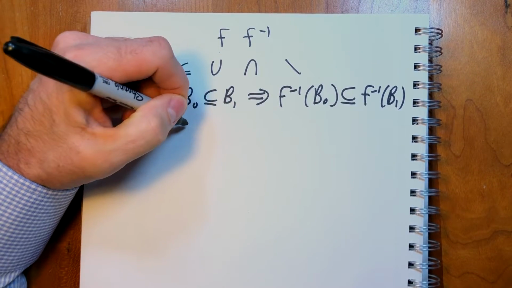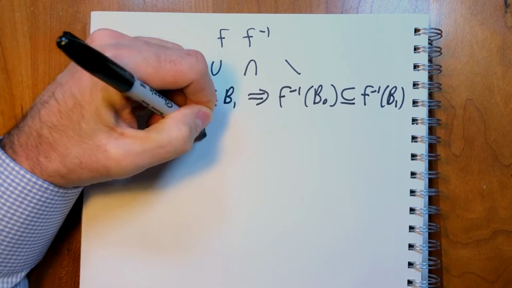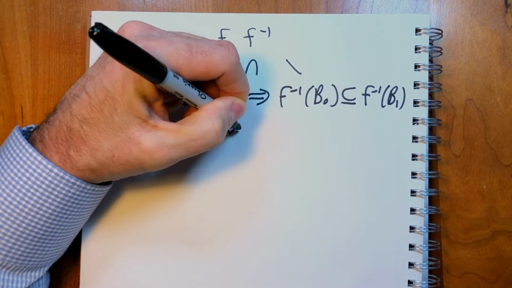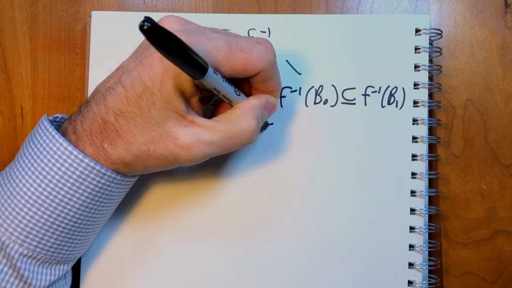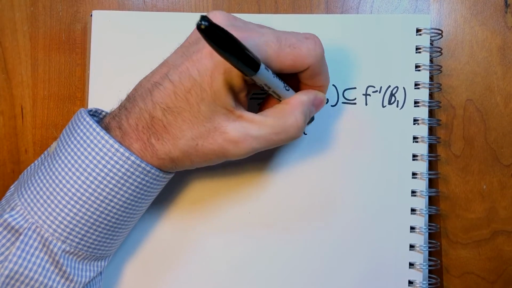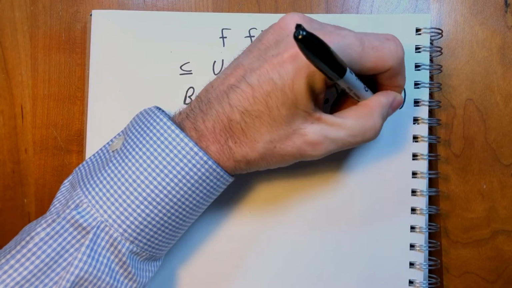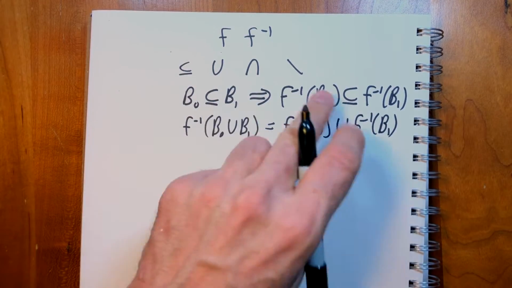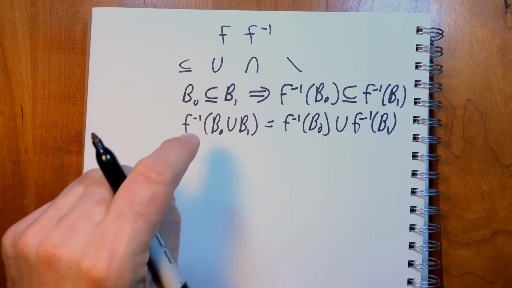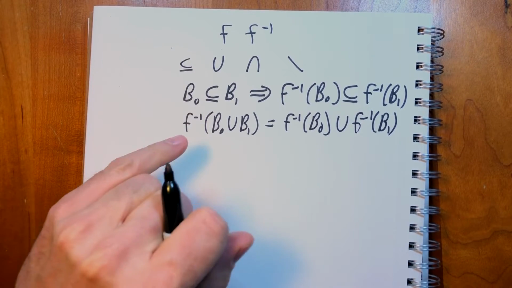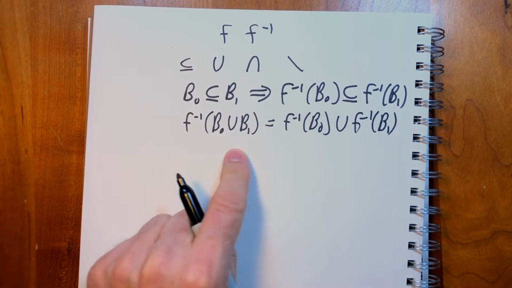And the preimage of B0 union B1 equals the preimage of B0 union the preimage of B1, okay? And so on for intersection and difference. So we'll use this fact frequently, that the preimage behaves very well.